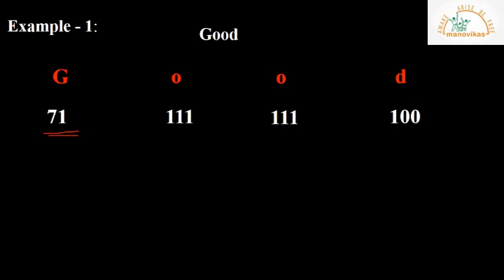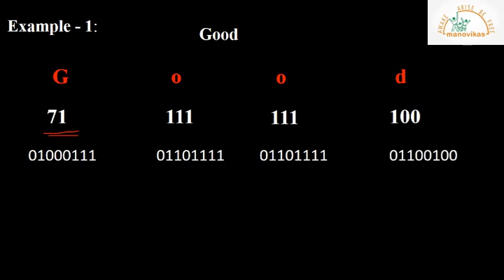Now, the respective binary value of number 71 is 1 0 0 0 1 1 1. Similarly, the binary value of 111 is 110 1111. It is repeated here, and this is the binary form of 100.